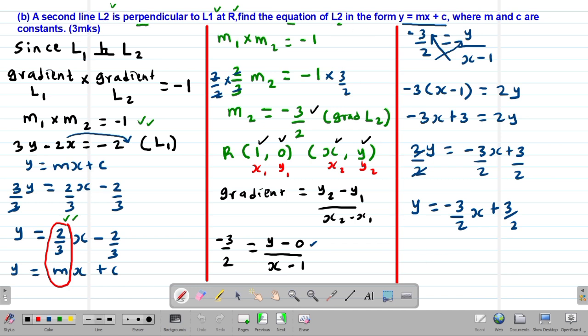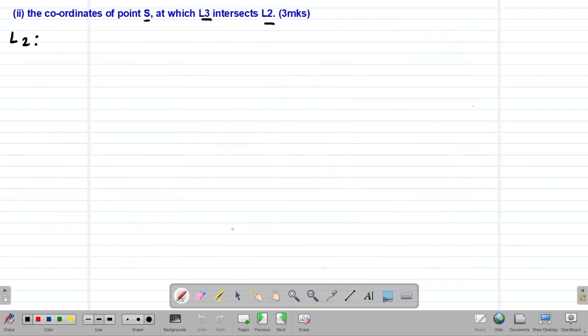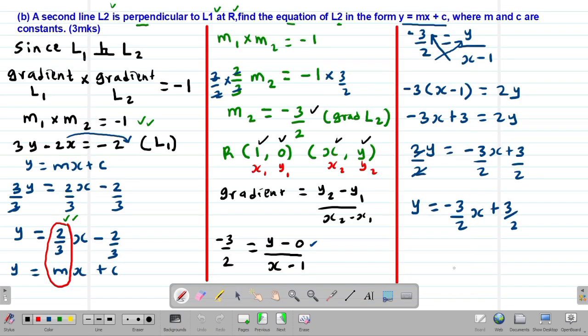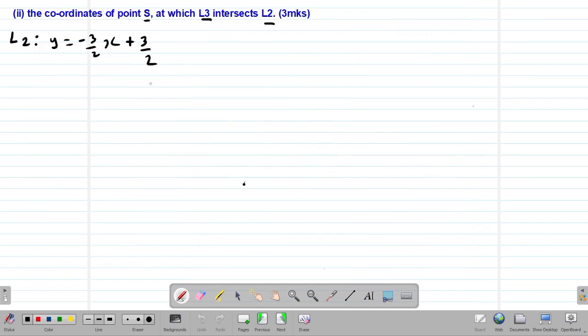The equation was y equals negative 3 over 2x, plus 3 over 2. Let me just verify: the equation for L2 is negative 3 over 2x plus 3 over 2.